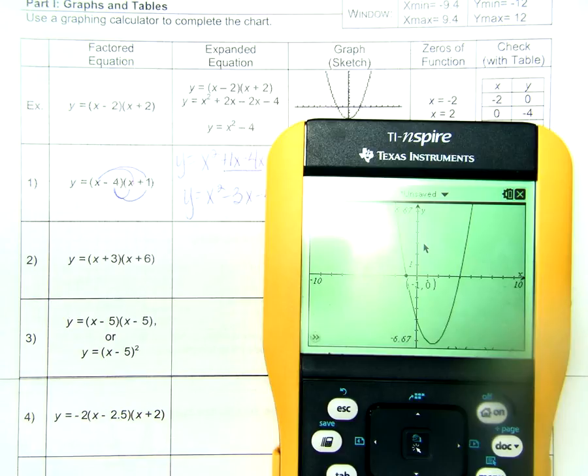Does yours look the same as mine? Did anybody put in the expanded equation into their calculator as opposed to mine?